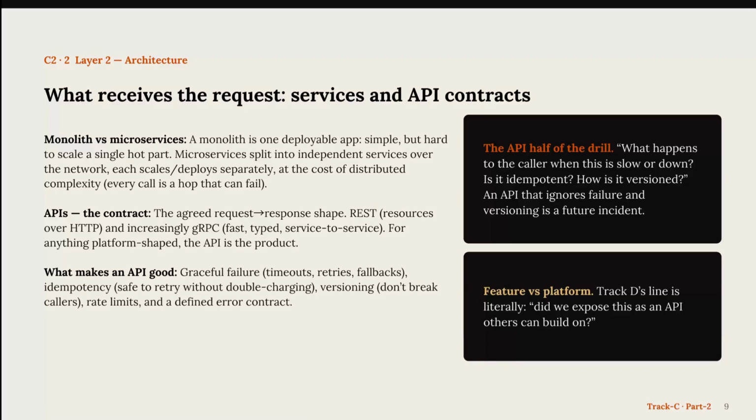APIs, typically with all the ChatGPT and everything that we are doing over the internet, is through APIs, and most of the time we use REST services, where a REST format of contracts is done over HTTP, and that was so far good, but Google brought in RPC, remote procedure calls, and these seem to be faster than REST resources over HTTP, and they are typed, service to service contracts.